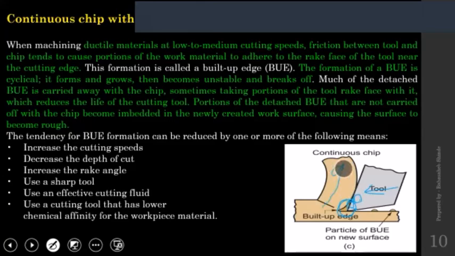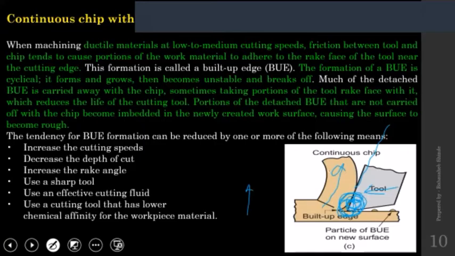This is the chip that is flowing across the rake face. Out of the removed material, some material will start sticking to the cutting tool, and that sticking will further result in piling up of material on the cutting tool.